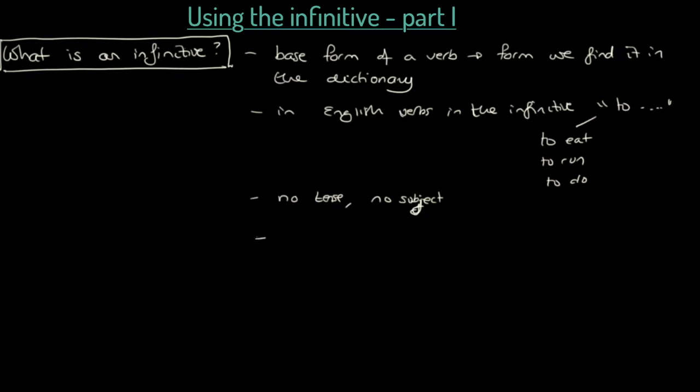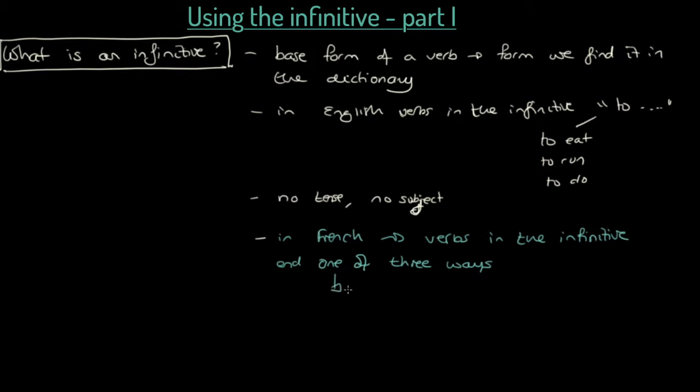Okay, and in French, so swap over, verbs in the infinitive don't start with a word "to", they end one of three ways. See if you can perhaps remember those. I'm sure you've learnt them already, you might have seen them in my tutorial on conjugating verbs. They are ER, IR and RE.